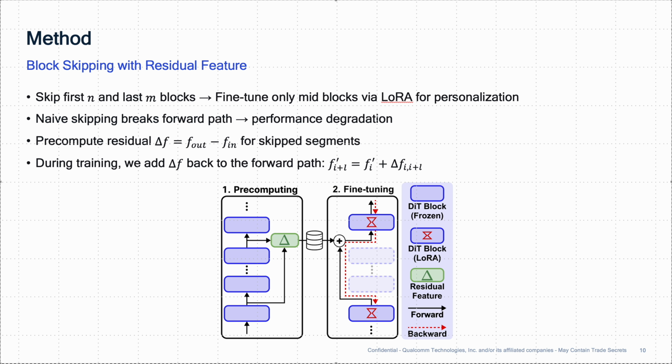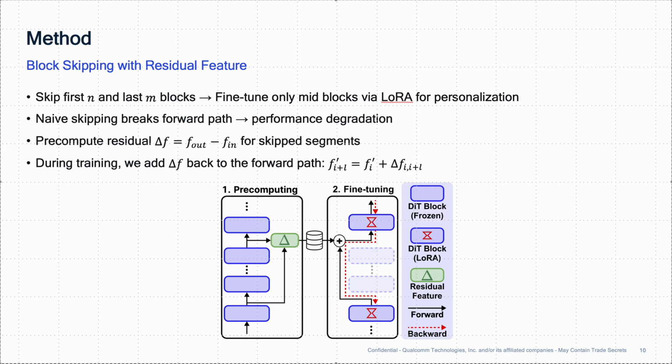With that insight, we skip the first n and last m blocks and fine-tune only the mid blocks with LoRA for personalization. However, naive skipping breaks the forward pass and causes degradation.